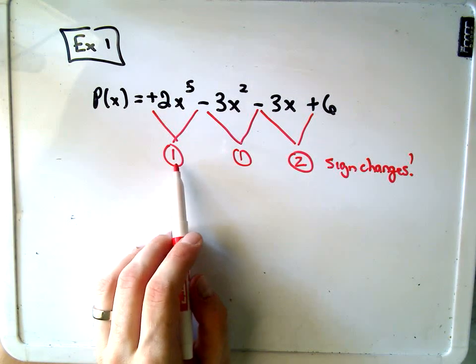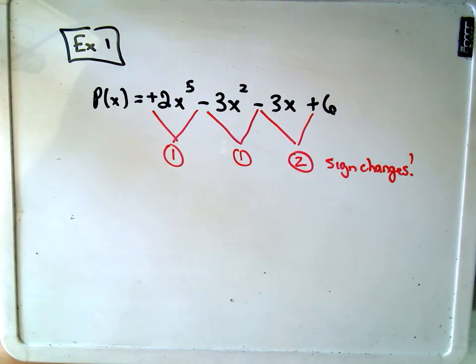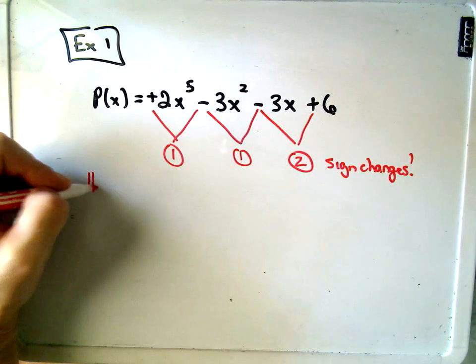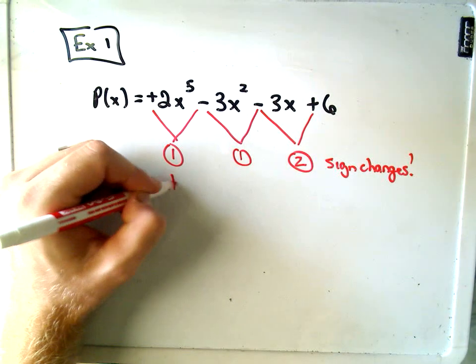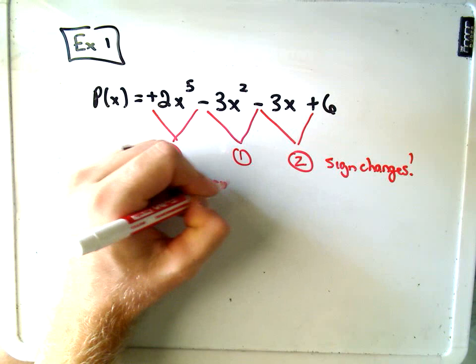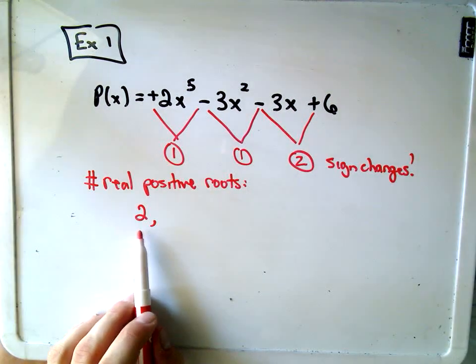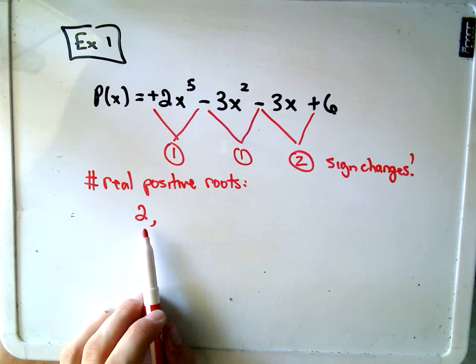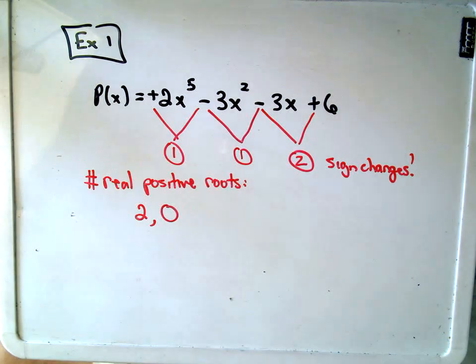What that means is, the number of real positive roots can either be 2 or we subtract away multiples of 2. So we can either get 2 positive real roots in this case or 0 positive real roots.